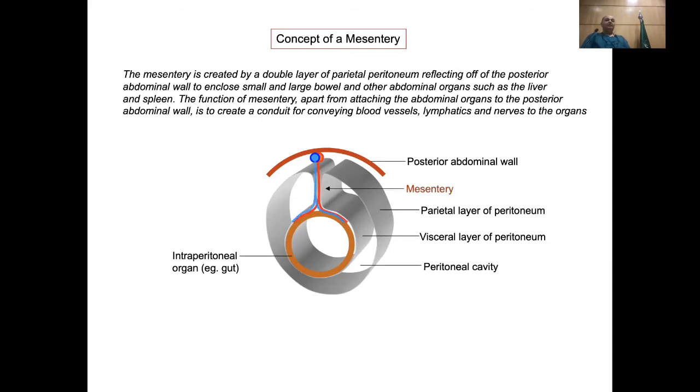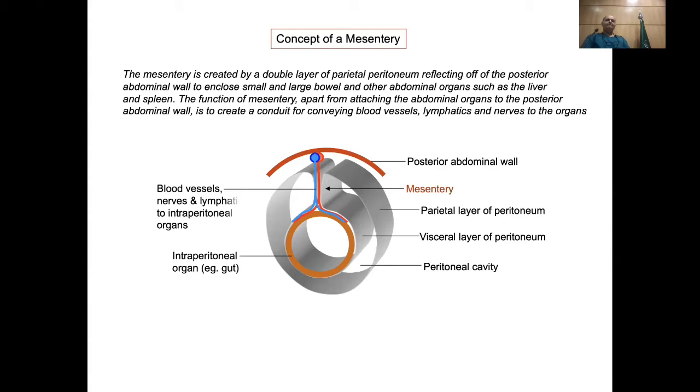We can see how the aorta and my inferior vena cava are supplying this organ. Same concept. This is the concept of a mesentery. Are we fine? The same concept is applicable with ligament, with omentum.